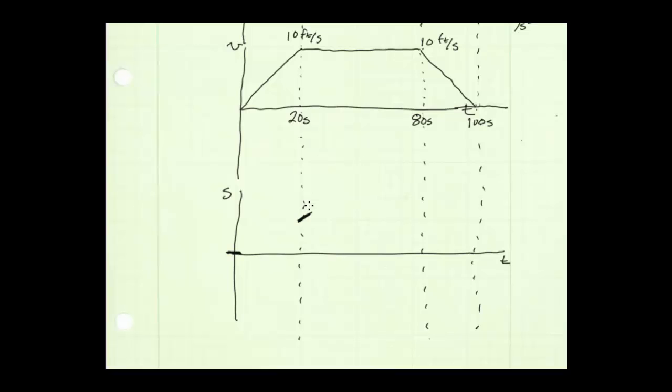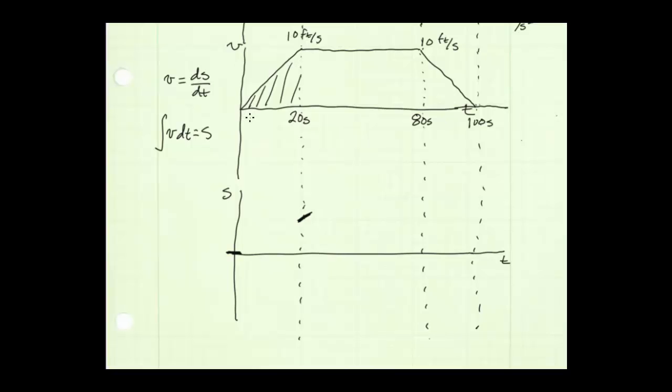To find my position, the position is the area under the velocity graph, because we know that velocity is equal to ds/dt, or the integral of the velocity with respect to time is equal to position, which means that position is the area under the curve. So if I look at this area, I've got a base of 20 times a height of 10, which is 200, but because it's a triangle, we divide it in half.